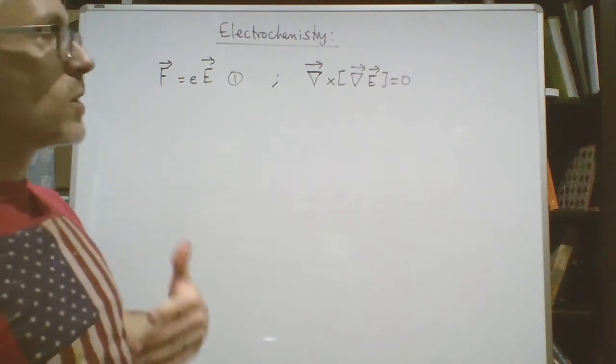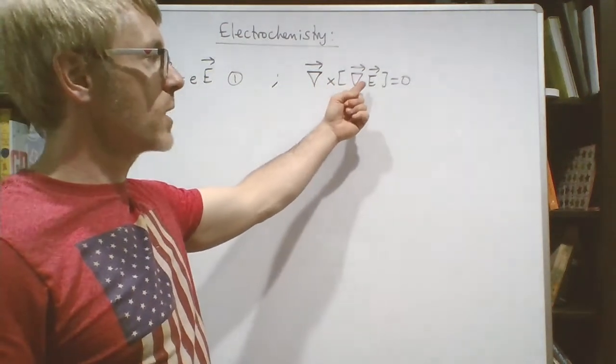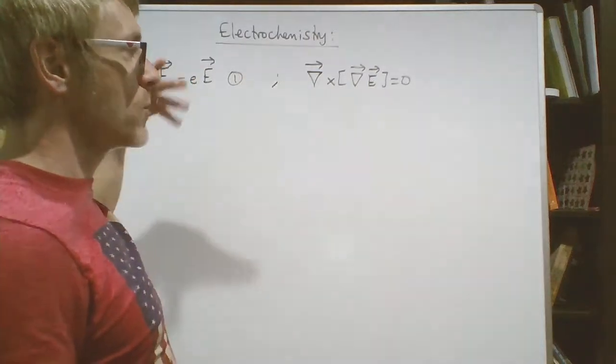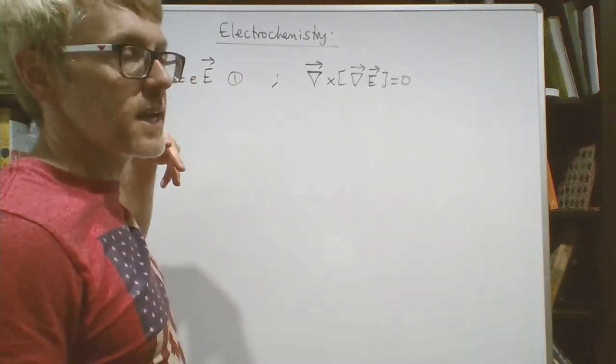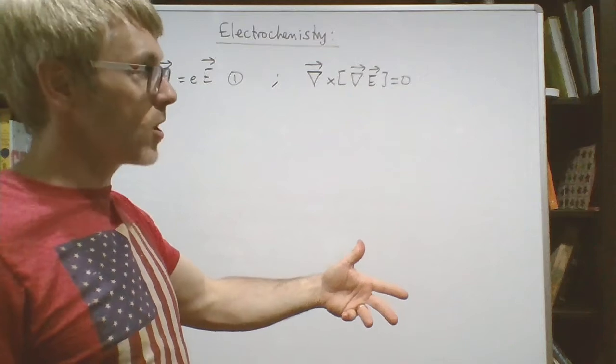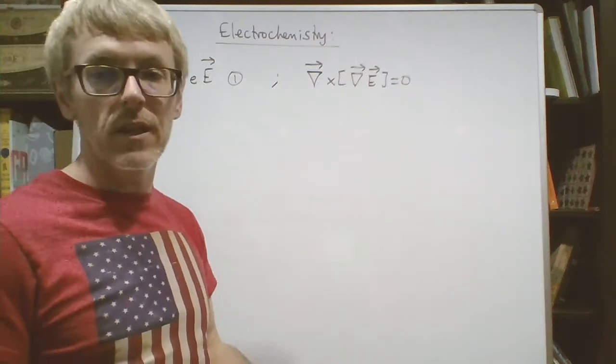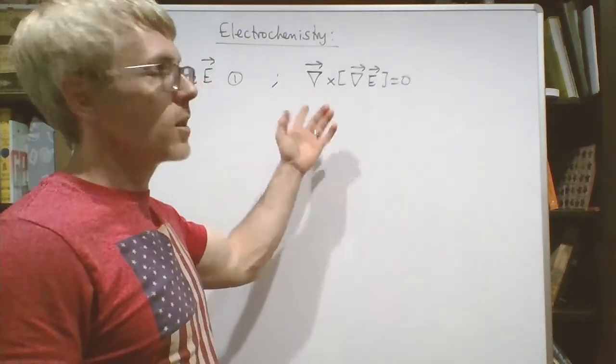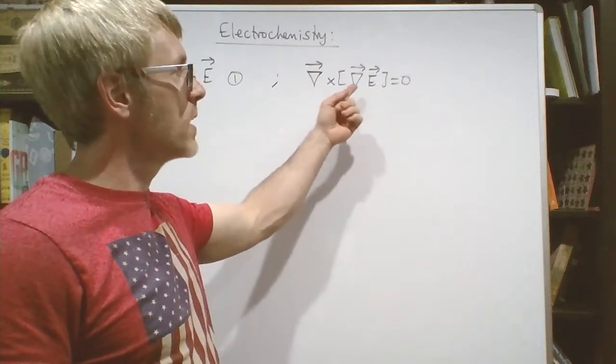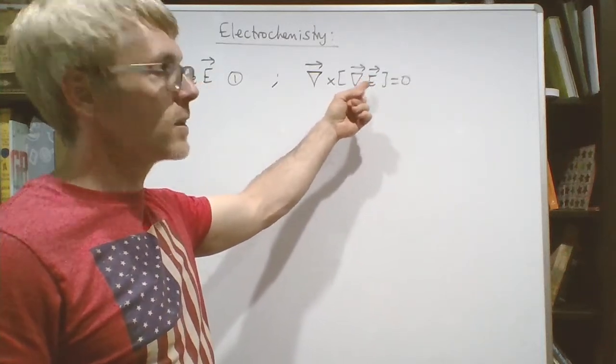We then recalled that the curl of a gradient is 0. We recalled that an electrostatic field has no curl, so the curl of an electrostatic field is 0. The curl of a gradient is 0, therefore the electrostatic field is a gradient.